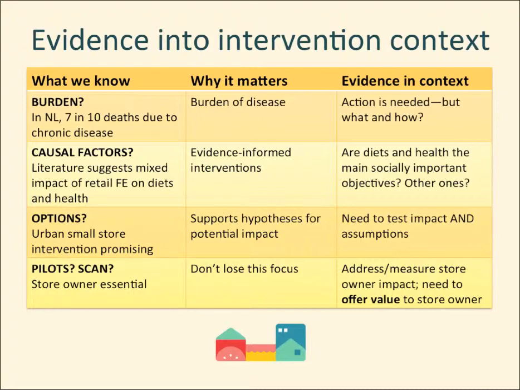So how we brought that evidence into context was asking this question. Are diets and health actually the main socially important objectives for members of that community, for example, in Branch? Are there other socially important objectives, such as thinking about vulnerable populations in that community? How about community cohesion? How about actually having really delicious food at the store or having fresh foods available that were never there before?